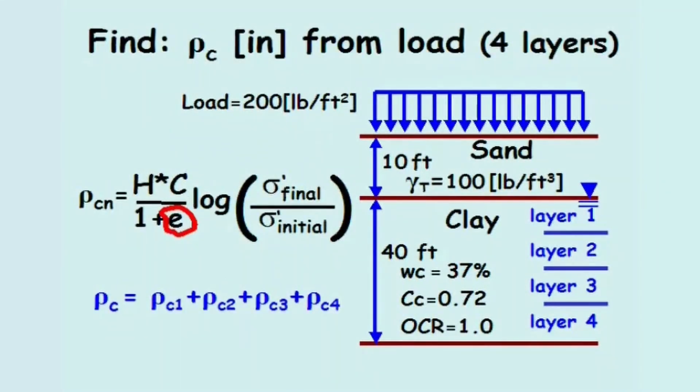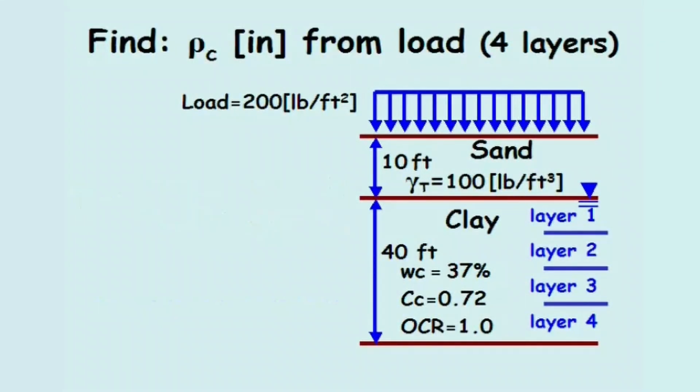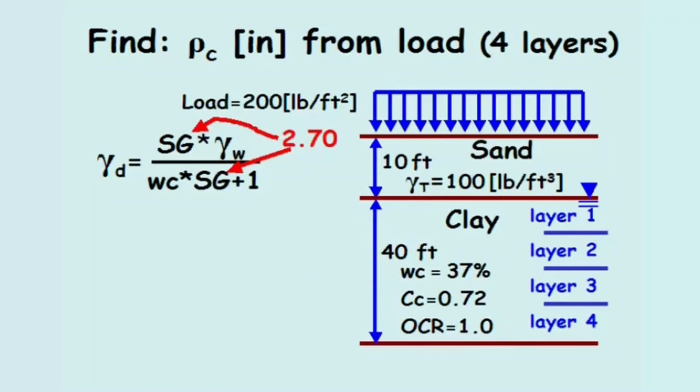Let's first solve for the initial void ratio. One way to solve this problem is to first solve for the dry unit weight, where the specific gravity of clay is 2.7. The unit weight of water is 62.4 pounds per cubic feet, and the water content is 0.37.